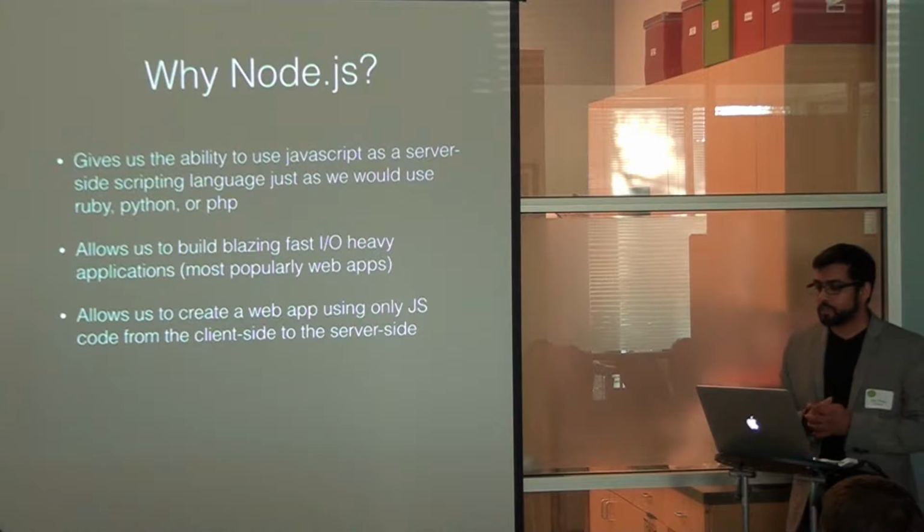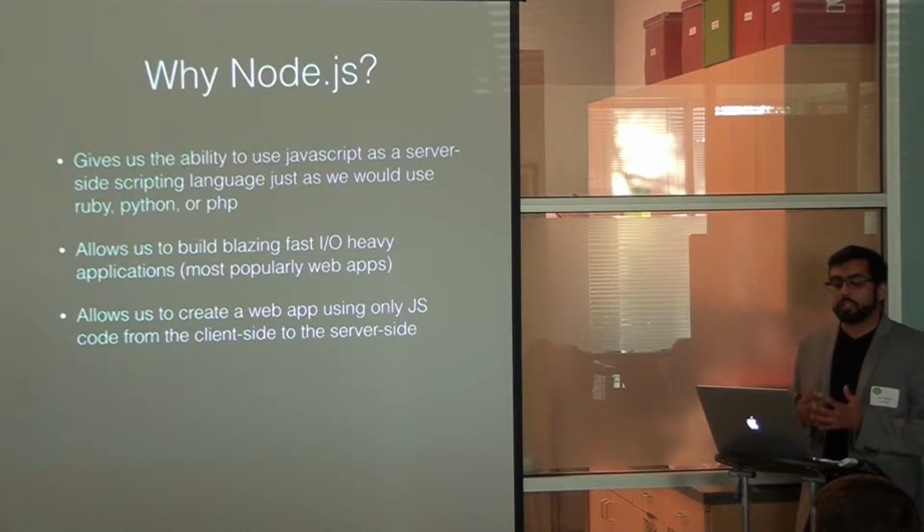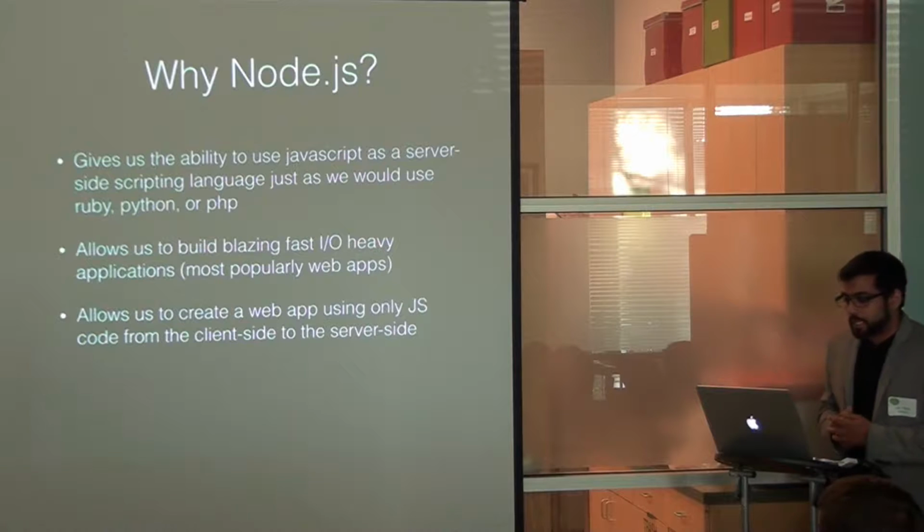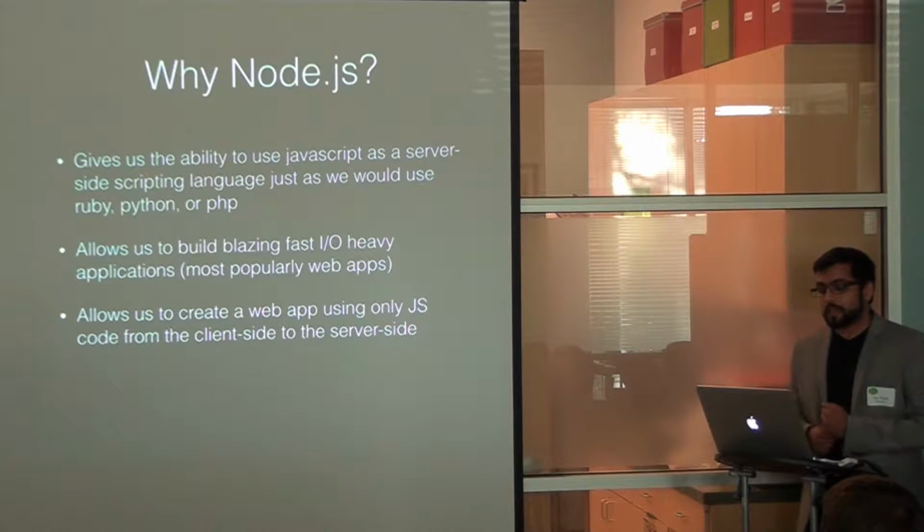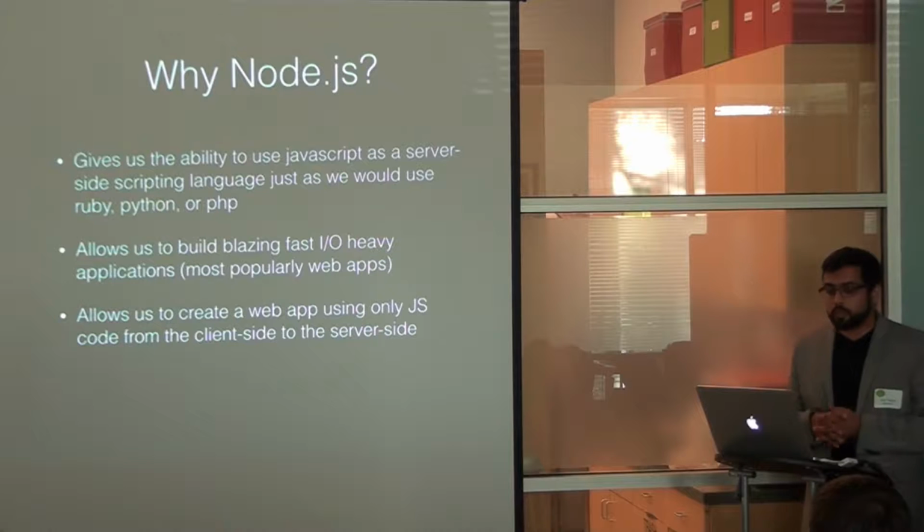So why do we use Node.js? It gives us the ability to use JavaScript on the server side, and it gives us the ability to use JavaScript as a server-side scripting language that parallels something like Python or Ruby or PHP that's traditionally used on the server side. It also allows us to build blazing fast, I/O-heavy applications, and that's just because it does concurrency very well by nature, and it has this event loop that allows it to handle I/O very well.